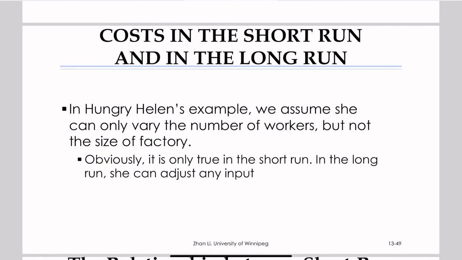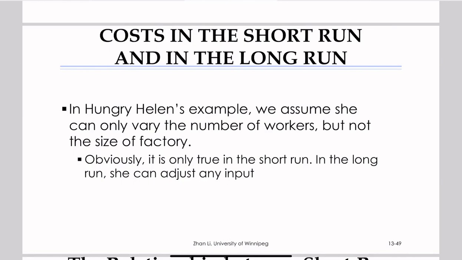To be more specific, in the Hungry Helen's cookie factory example, we assumed that the size of the kitchen is fixed. And you can see that this kind of assumption is only correct when you're just thinking about the short term, right? Because in the long run, you can definitely change the size of the kitchen, right?